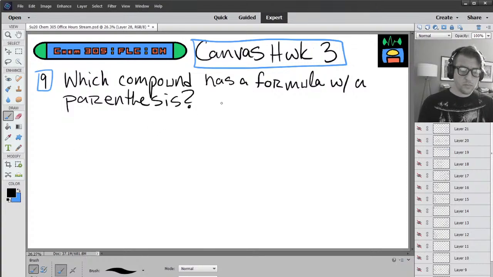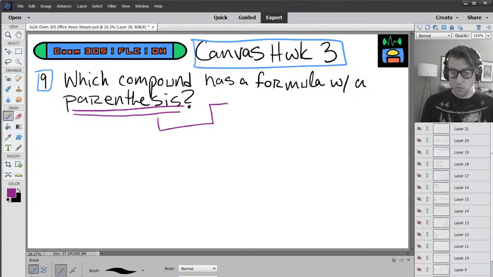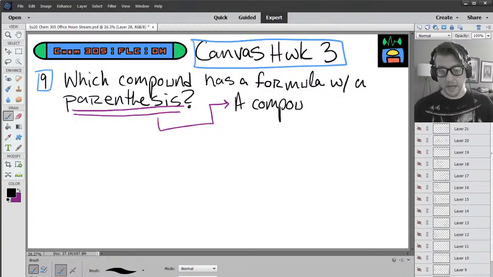So here's a good question to ask. What kind of formula has a parentheses? There's only one type of chemical formula that will contain a parentheses, and that is a compound with multiple polyatomic ions.